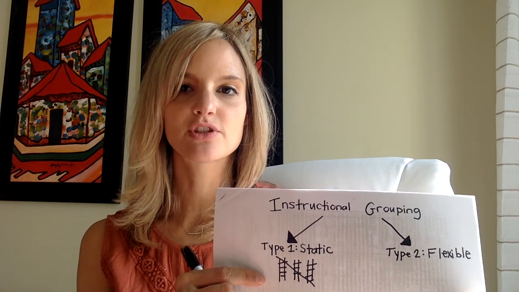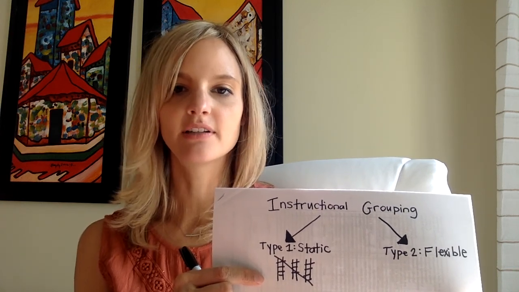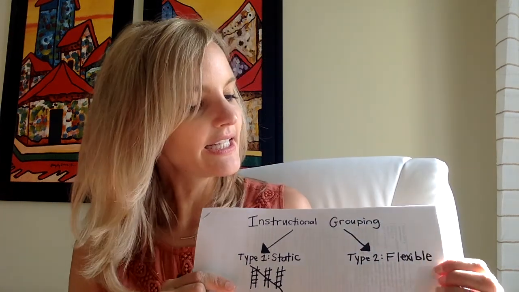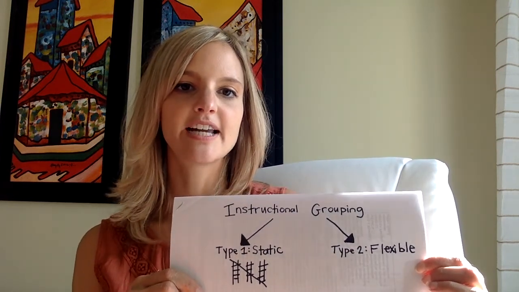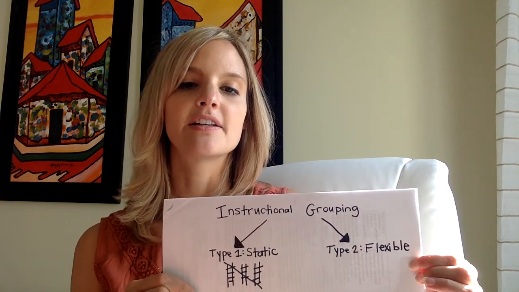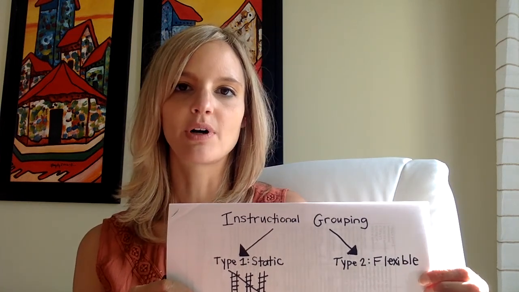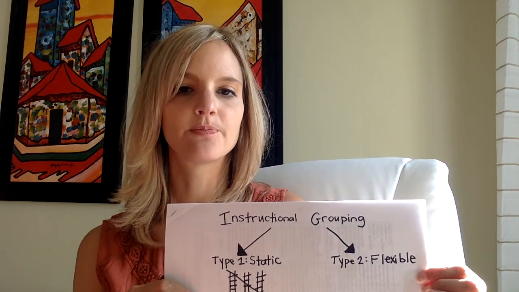So when we talk about instructional grouping for differentiation, we really want to focus here on flexible grouping. Okay, so there's two types, static and flexible. And of course, we want to focus on that flexible.